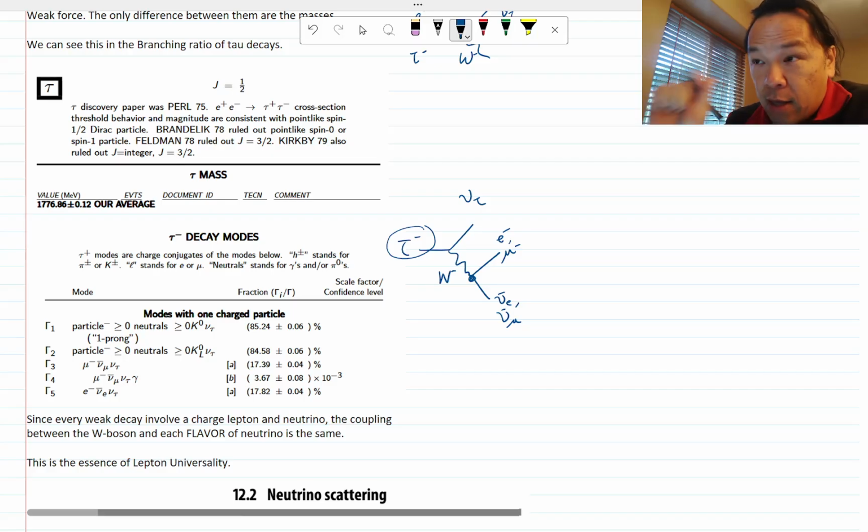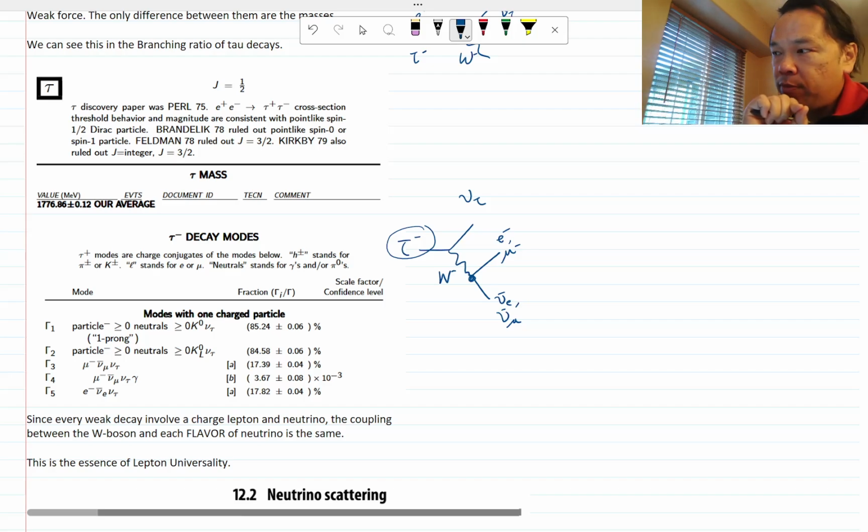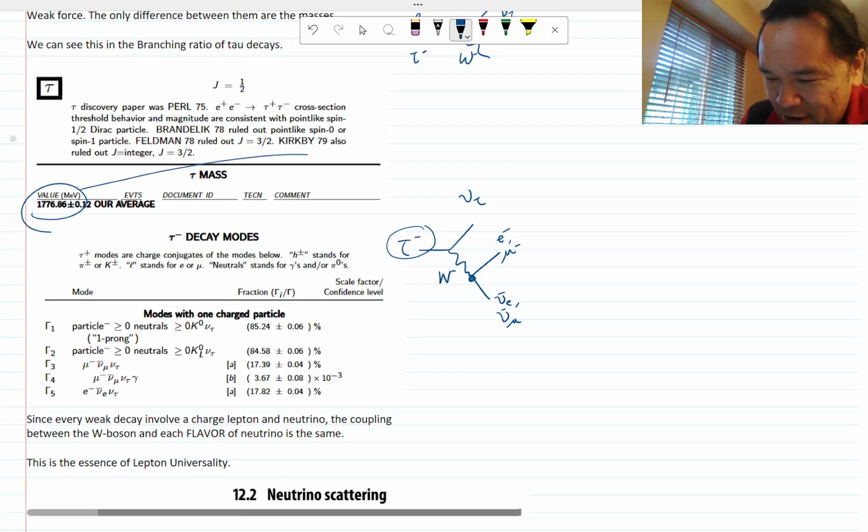Last section we saw that there's some weak decay that depends on the mass of the decay product, because what happens is that you're trying to conserve this V minus A chiral structure, and the particle that has a large mass allows you to have that conservation, whereas for a particle with a very low mass, chirality and helicity become the same thing, and then that interaction gets suppressed. But the mass of a tau is about 1.8 GeV.